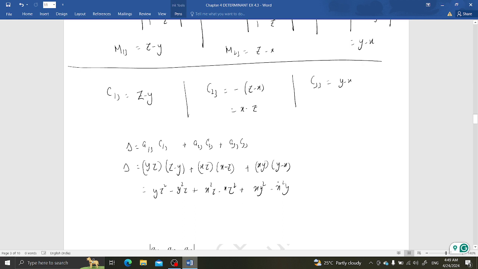Is something cutting or not? X square Y is somewhere. No, nothing is there. Okay. Just we can simply write here.